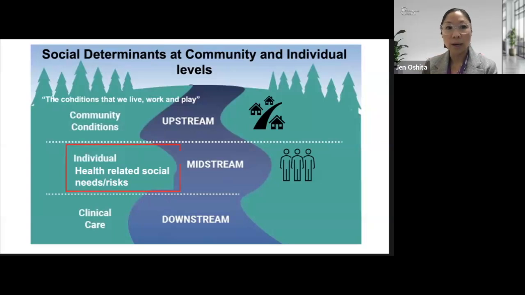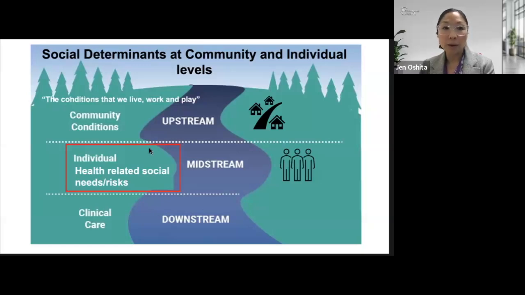And these are called health-related social needs or social risks. And examples of these social needs are food insecurity, housing instability, and unreliable transportation. So they are adverse factors toward health and healthcare access.